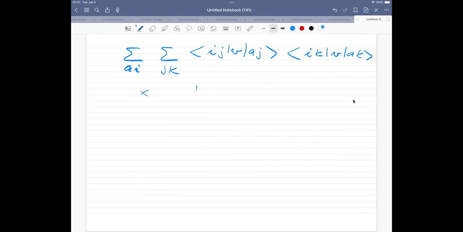And this is multiplied with the denominator, which now obviously only acts on I and A.